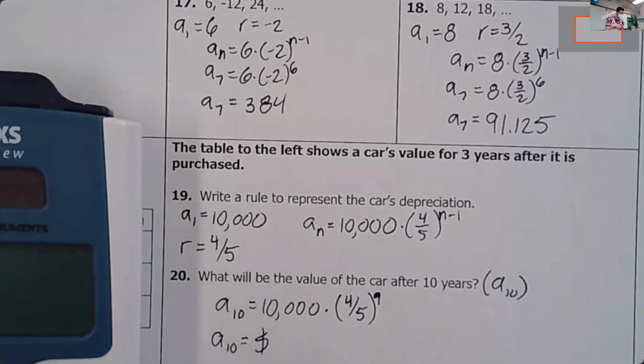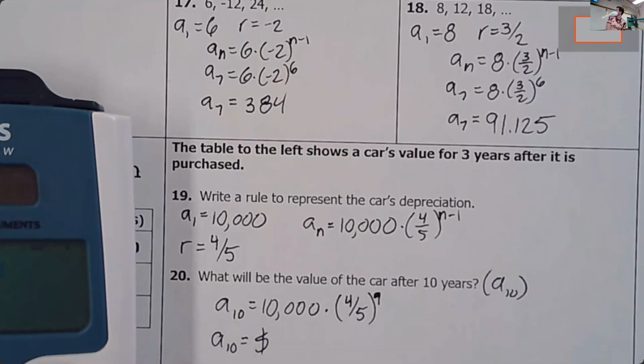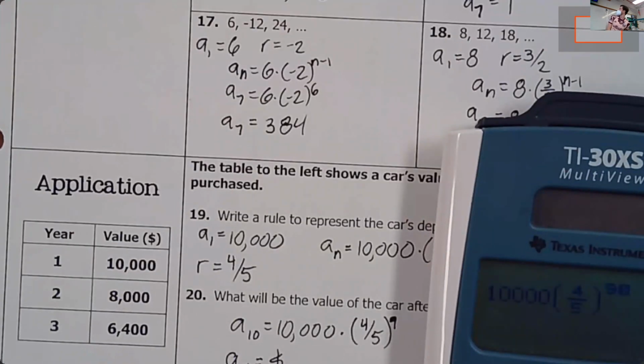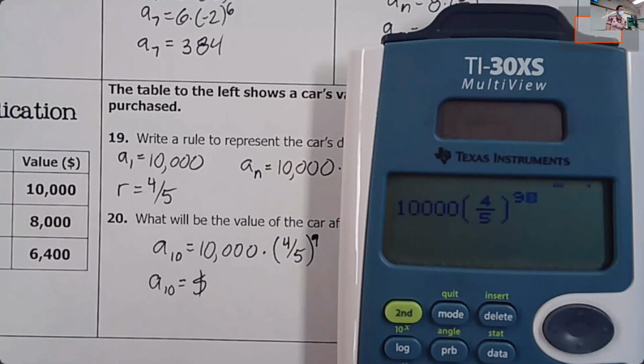We'll get it typed in, 10,000, and then fraction, 4/5, close the parentheses, all to the 9th power. That's what we're looking at right there. How much is the car going to be worth if this depreciation trend continues?